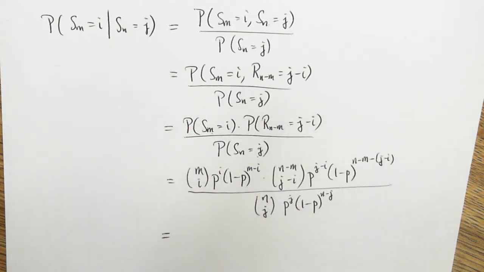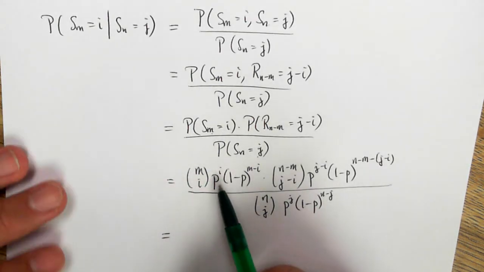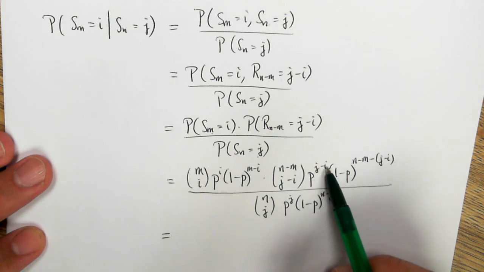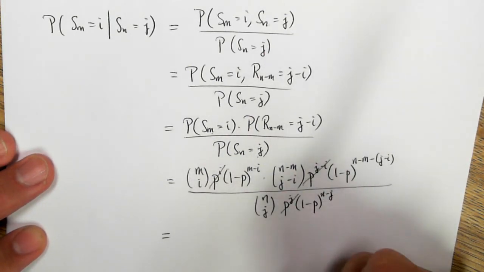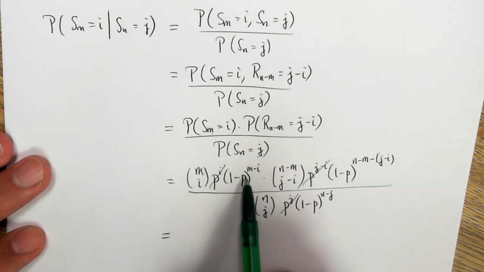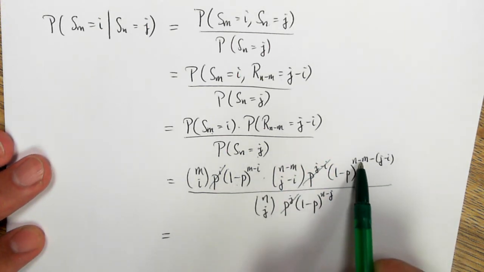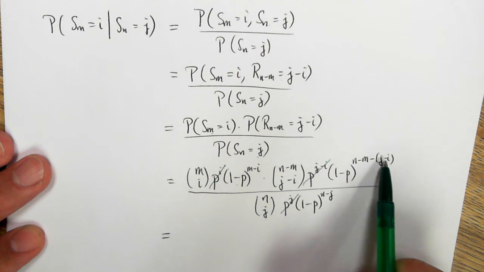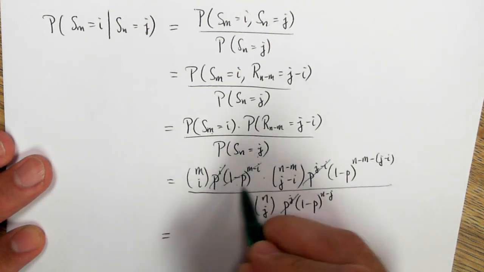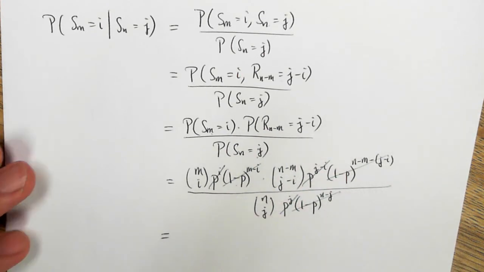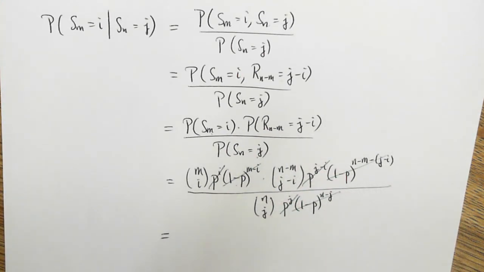Okay, now let's simplify this. First off, p to the i times p to the j minus i is p to the j, and that cancels the p to the j in the bottom. Over here, I have m minus i, and here I have negative m plus i, so the net effect is 1 minus p to the n minus j, and that cancels the 1 minus p to the n minus j in the bottom.